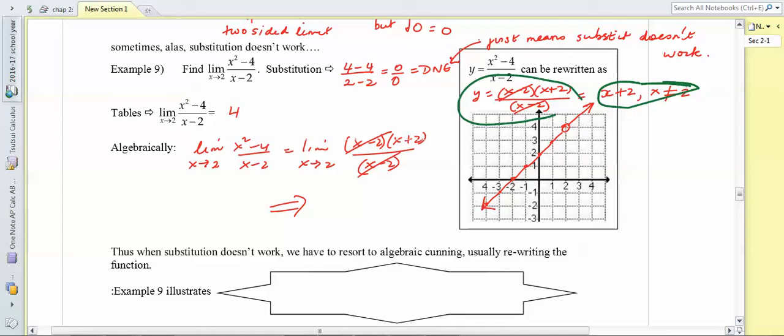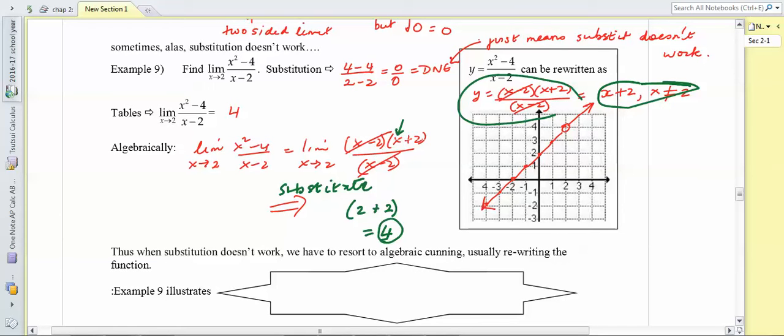And so to get the value of the limit, we're going to substitute into the simplified function, and we get 2. We substitute here into x plus 2. We get 2 plus 2, and the limit is 4, and that's what we found graphically.